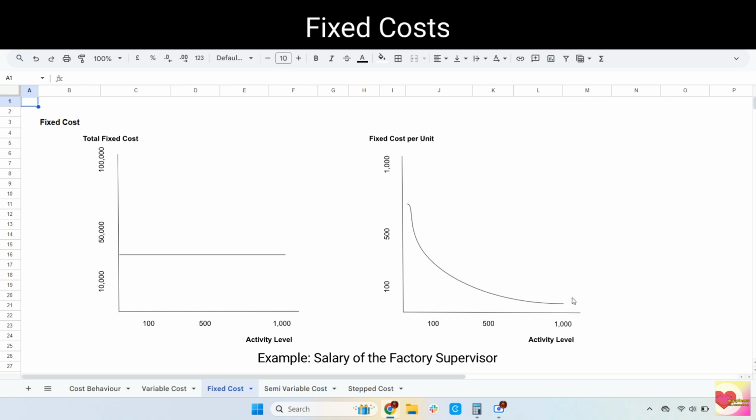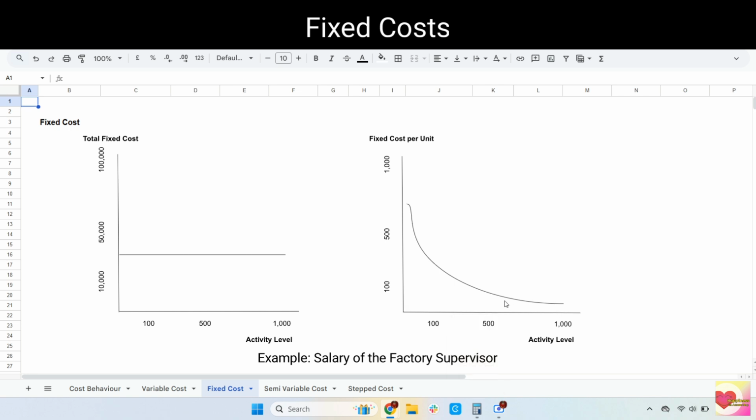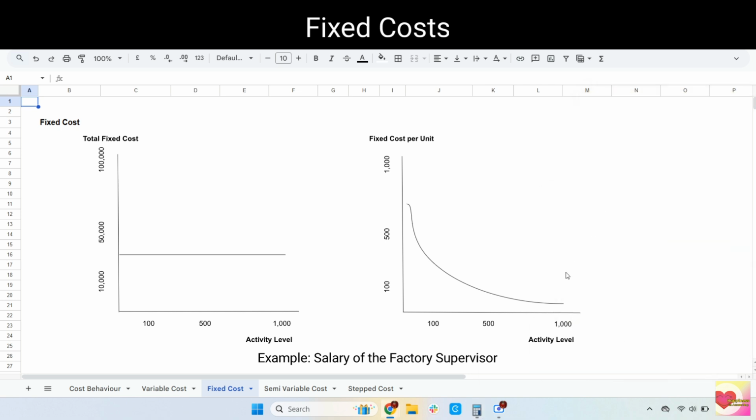Using the same example, if the units produced are 1,000 units, to get the fixed cost per unit, the 30,000 annual salary of the factory supervisor is divided by 1,000 units, and we get 30 fixed cost per unit. If the units produced are 500 units, 30,000 is divided by 500 units, and we get 60 fixed cost per unit.